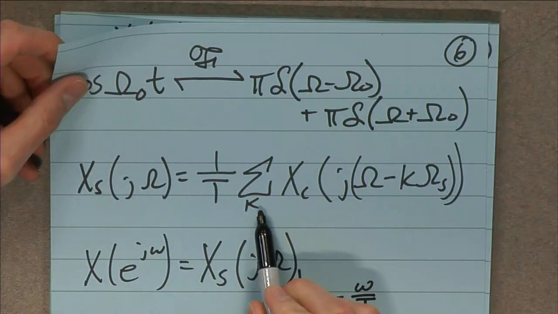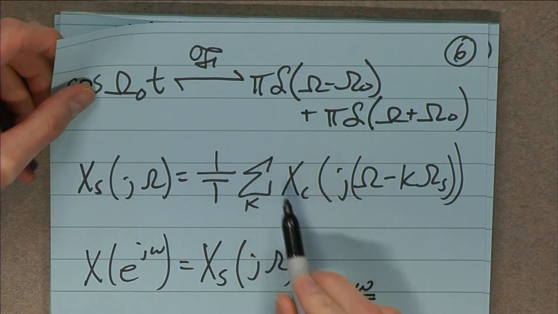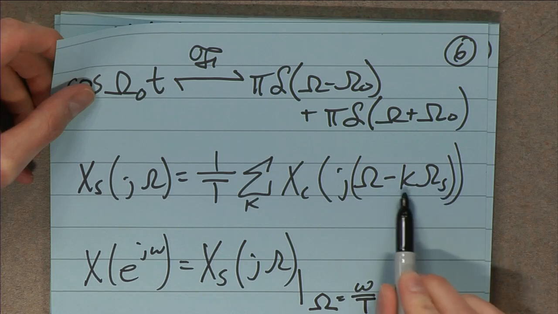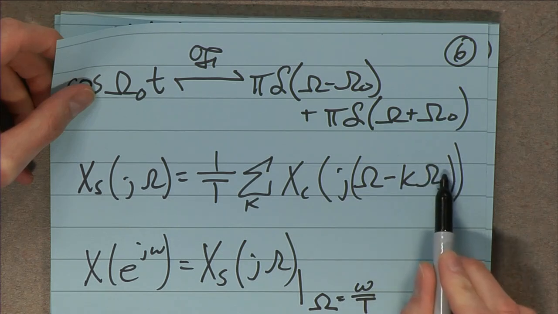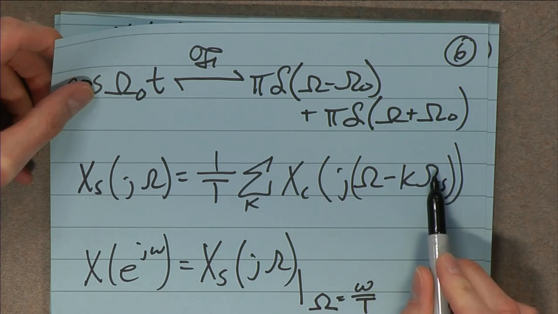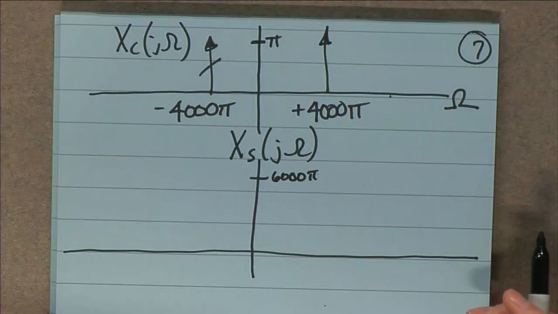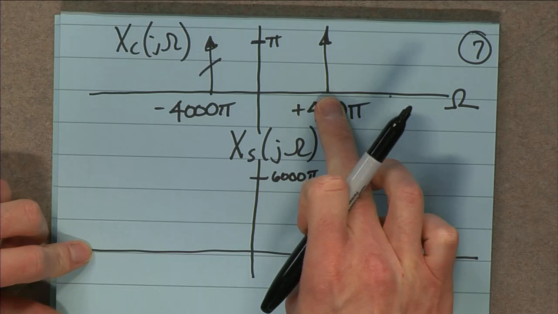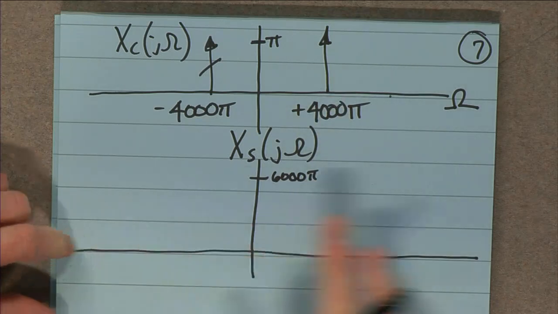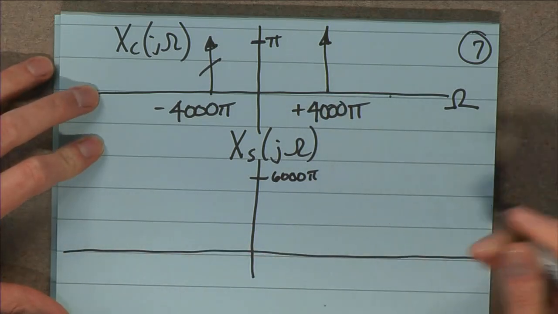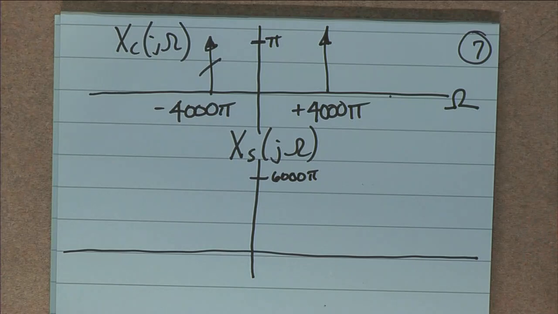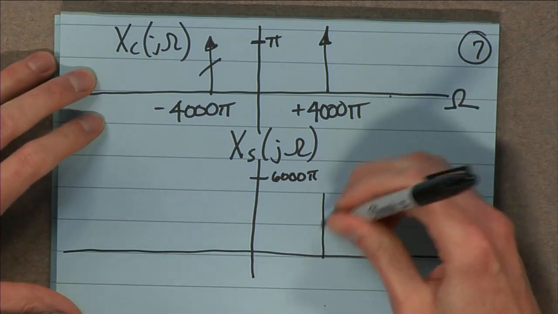Well, there's a summation from k negative infinity to infinity of all these shifted copies, and we're shifting it by omega s, which in our case was 12,000 pi. So to make this easy, I just take each one of these delta functions and shift it by 12,000 pi individually. And of course, k can be 0, so there's a no shift version, right?